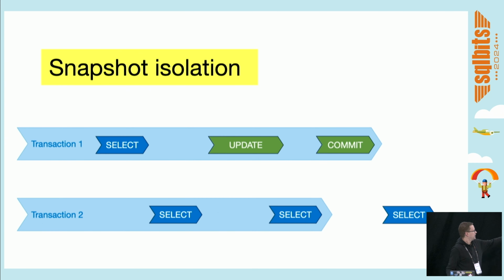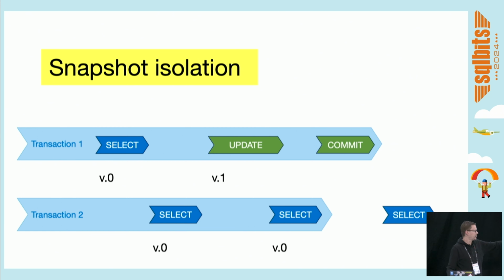If you do a select in transaction 1, SQL Server will remember what the data looked like when you did that select. When you looked at the data, SQL Server will remember that until you let go of the transaction by committing or rolling back. Transaction 2 looks at the data. Transaction 1 updates the data. But SQL Server remembers what version 0 looked like.